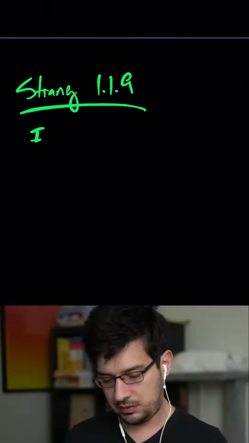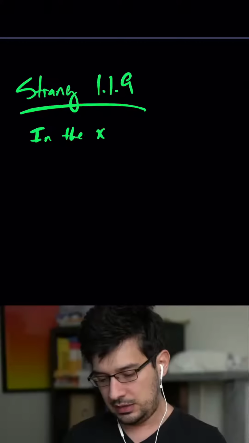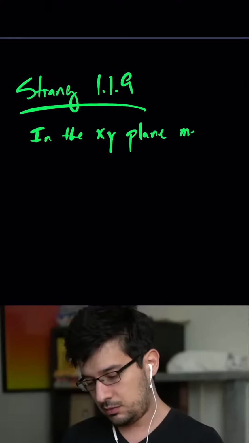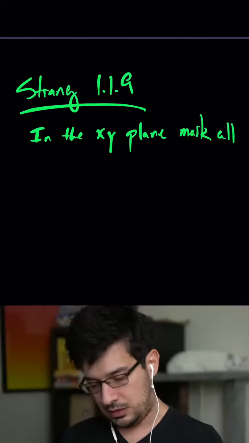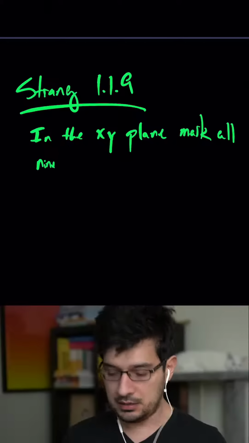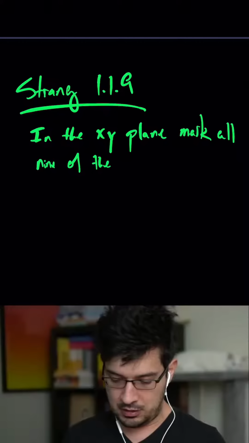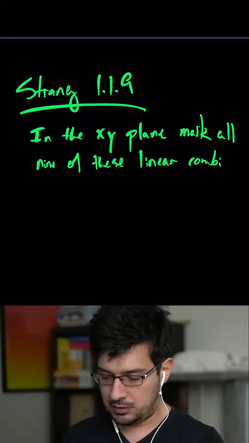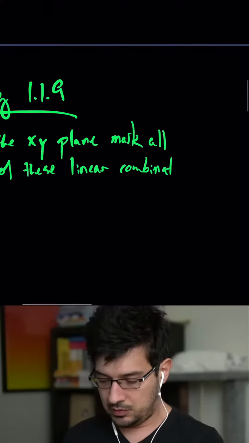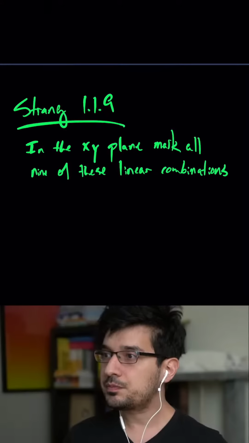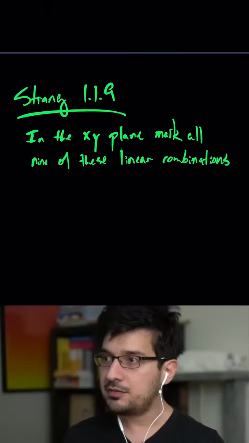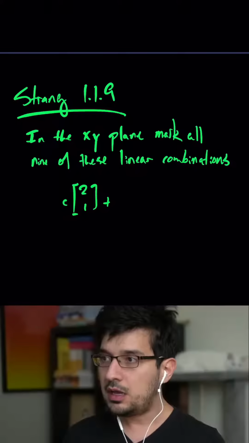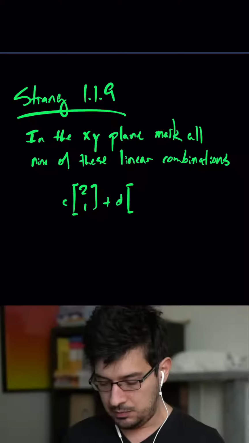Alright. It says, in the XY plane, mark all 9 of these linear combinations. Okay, so we have two vectors, 2, 1, and 0, 1.